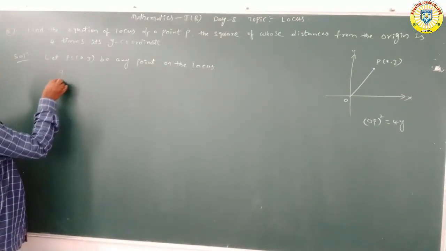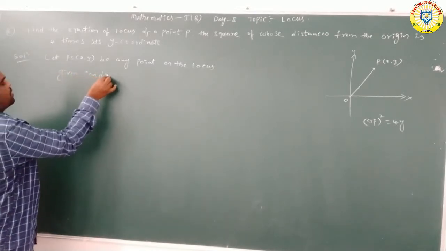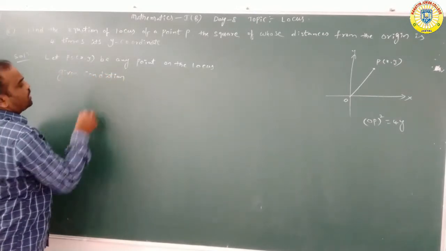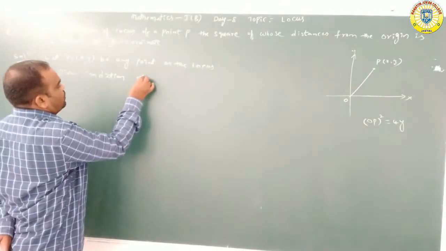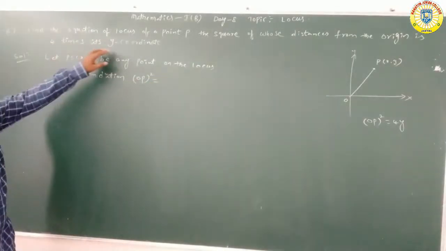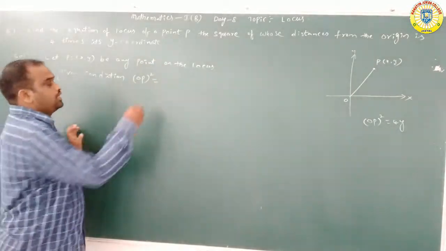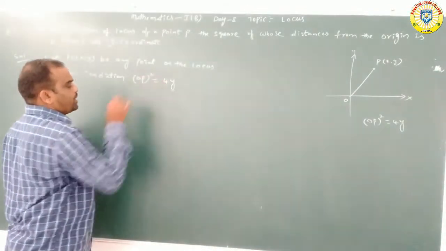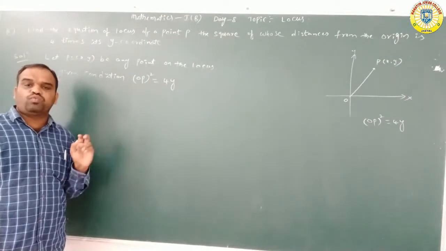See here, what is the given condition? The square of whose distance from the origin, that is OP square, is equal to 4 times its y coordinate. The y coordinate is y. That's why OP square is equal to 4y.